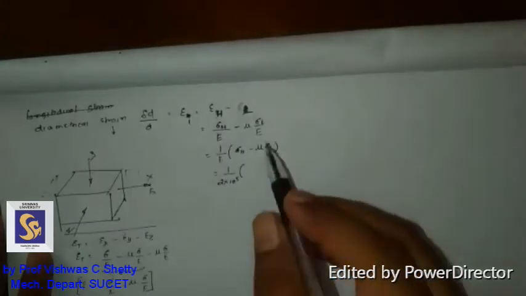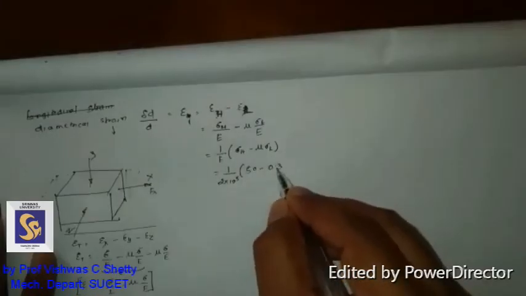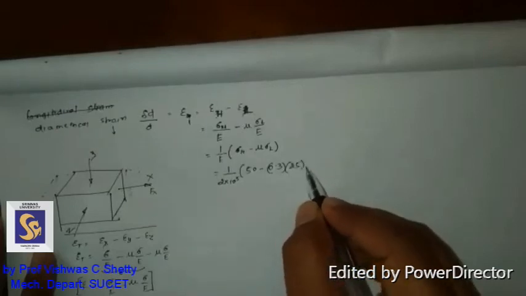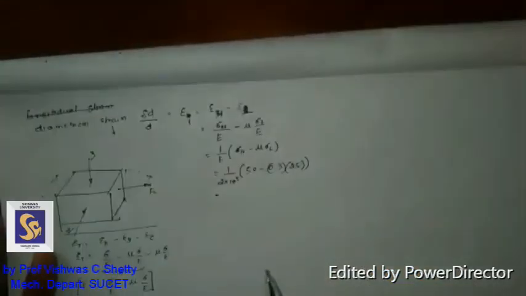What is the value? 50 Newton per mm squared, minus mu is 0.3, Poisson's ratio is given, into sigma L, which is 25. So this is strain 1, the diametrical strain.